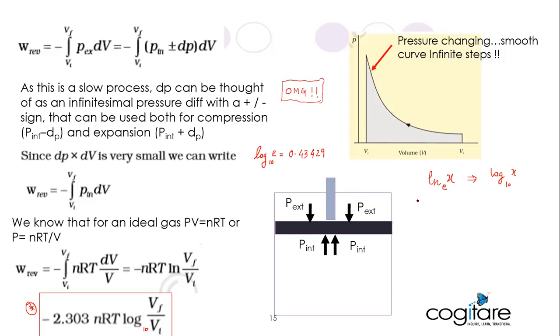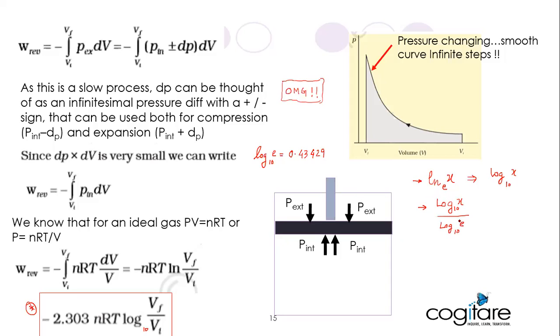By dividing log to the base 10 by log to the base 10 of e. This one can be written as log x to the base 10 divided by log e to the base 10.